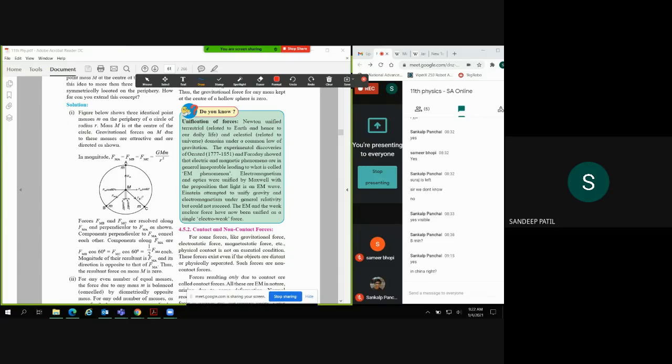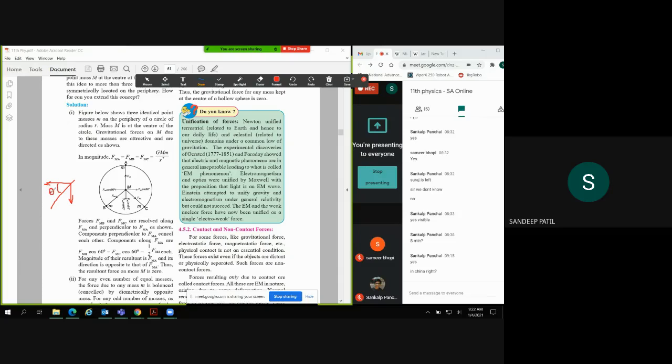So generally what happens? If we resolve these forces, this FMC will have two components, one up and one down. So any force we have, two components, right?